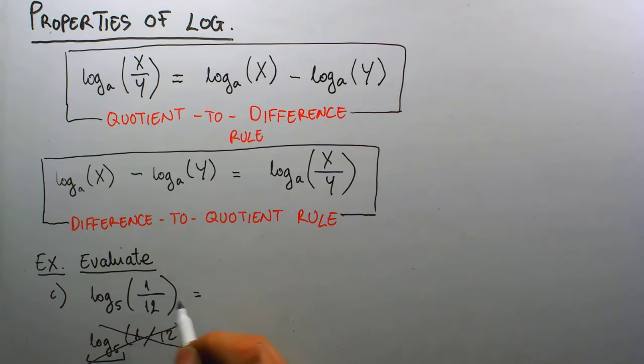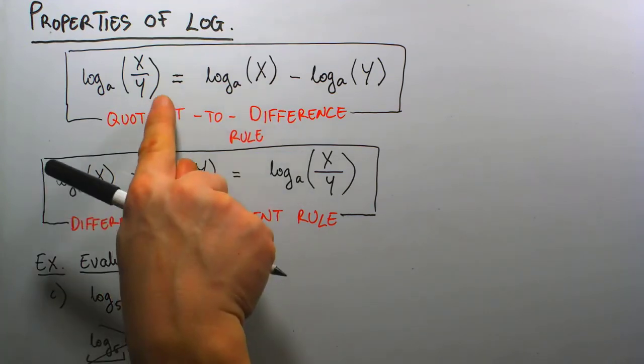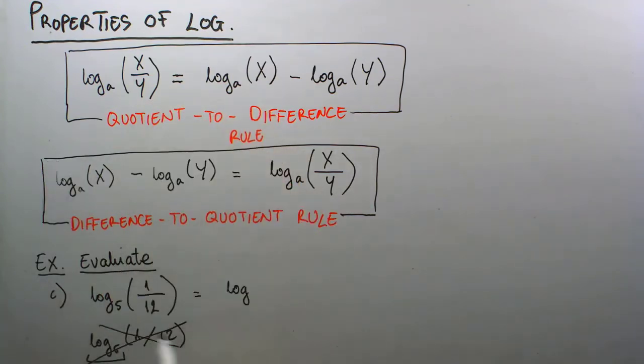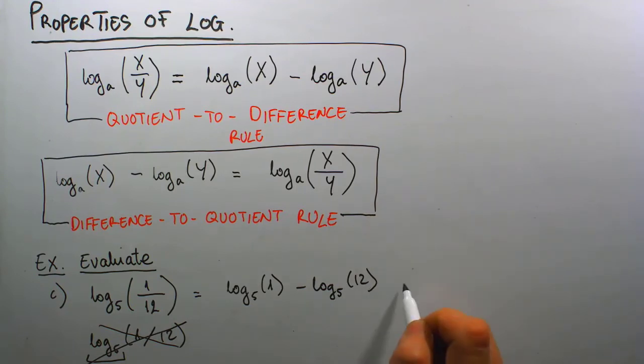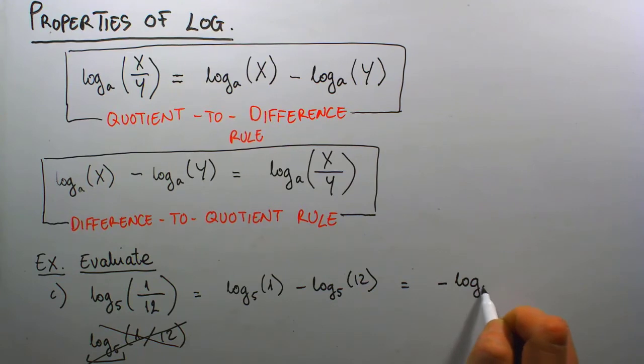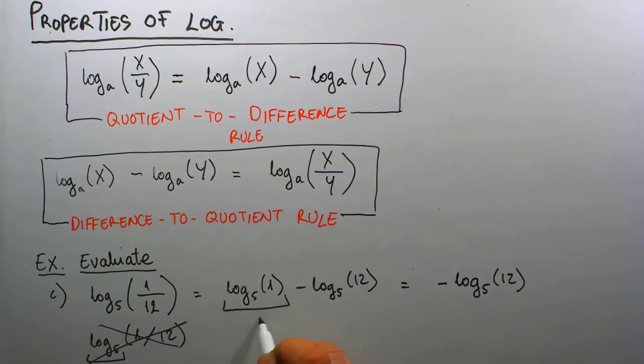Now, before we use the calculator for a problem like this, we can rewrite using the quotient to difference rule. I can rewrite this logarithm as log base 5 of 1 minus log base 5 of 12. And that means the answer now will be simply negative log base 5 of 12, because log base 5 of 1 is surely 0.